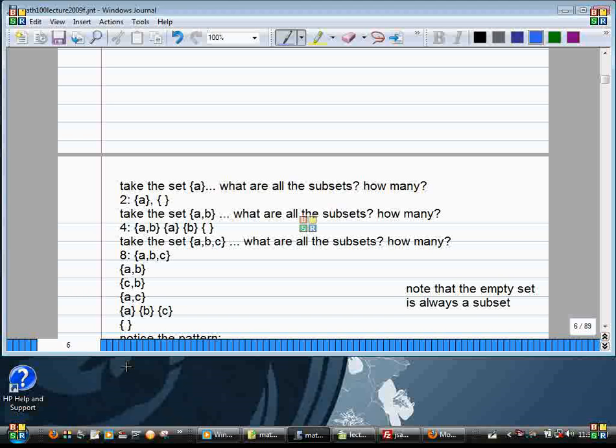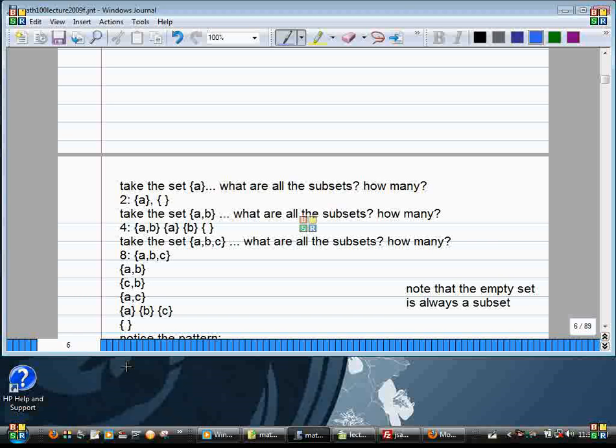If I gave you a set with 5 elements, how many subsets are there? 2, 4, 8, 16, 32. If I gave you a set with 6 elements, how many subsets are there? 64. Got it.